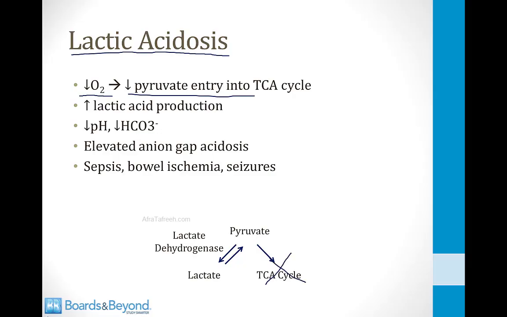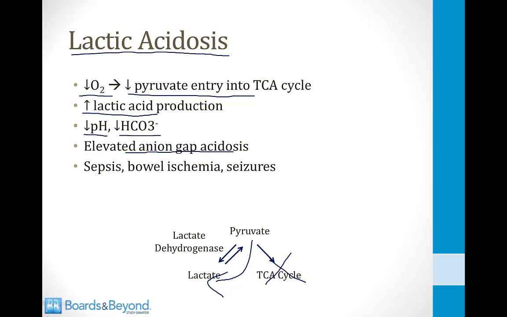The TCA cycle becomes unavailable, but the cell needs to regenerate NAD in order to continue conducting glycolysis. Therefore, it will divert pyruvate into lactate in order to get the NAD back. This means that there will be more lactic acid production and a lactic acidosis will occur. The pH will fall, the bicarb level will fall, there'll be an elevated anion gap acidosis.